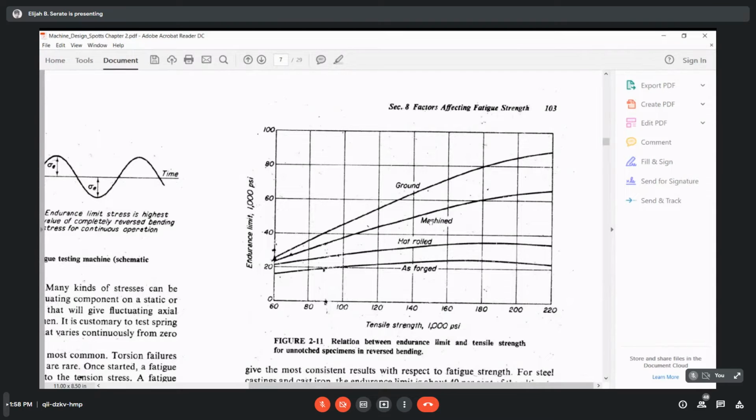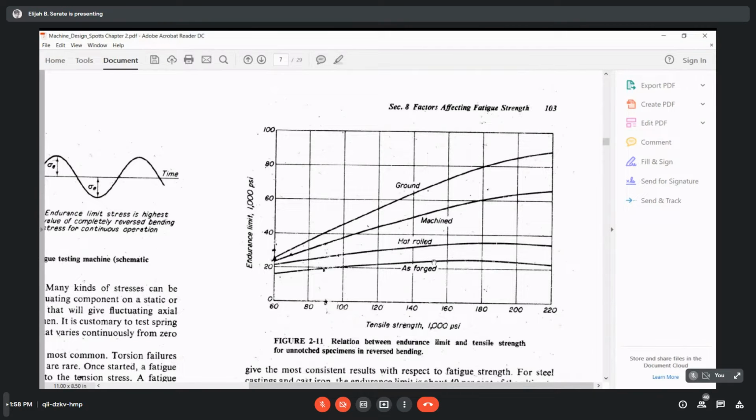How about machined? Okay, you use any machine. You can use a shaper, milling machine, lathe. All of those have a tool bit cutting into the surface, and you would expect a much smoother surface than a roller.